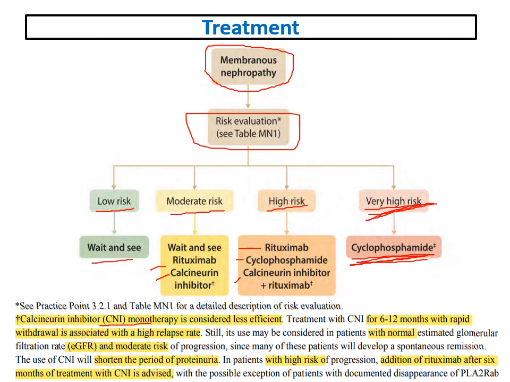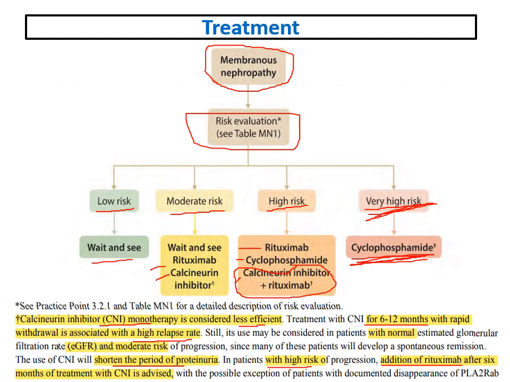CNI monotherapy is less efficient, especially with a short duration of less than 12 months. CNI should be prescribed for more than 12 months due to a high relapse rate with a shorter duration. The use of CNI will shorten the period of proteinuria, and in high-risk patients, as we see here, we can add rituximab to CNI after 6 months.